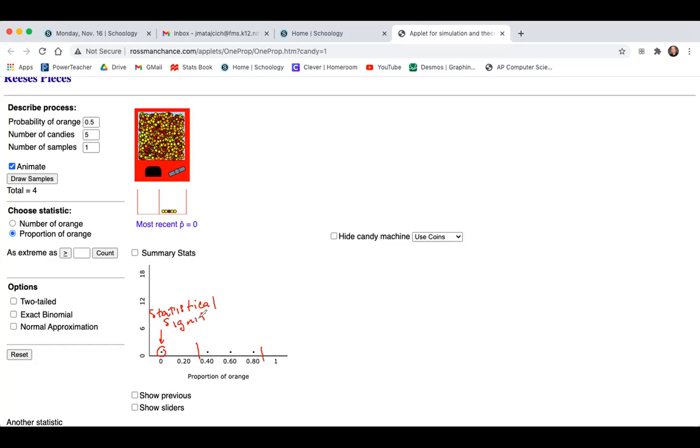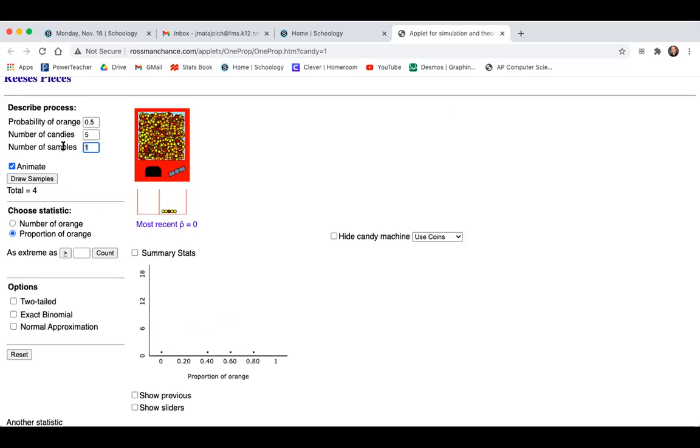Something that's far away from the rest of the values, something super uncommon, super unlikely. That is what is meant by statistical significance. Something so unlikely, it won't occur just by chance. We'll talk about that in a later section when we're doing hypothesis testing. You just need to know for now what is meant by statistical significance. It's a term I've talked about a lot as we've been working through experiments.